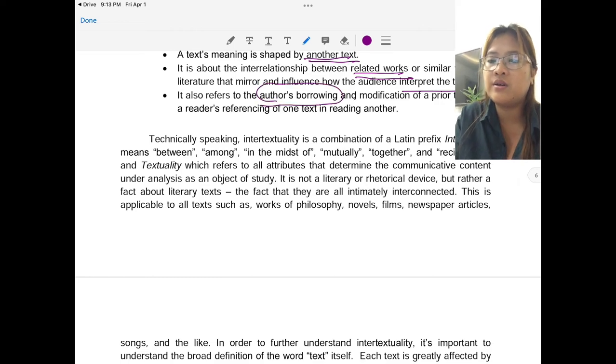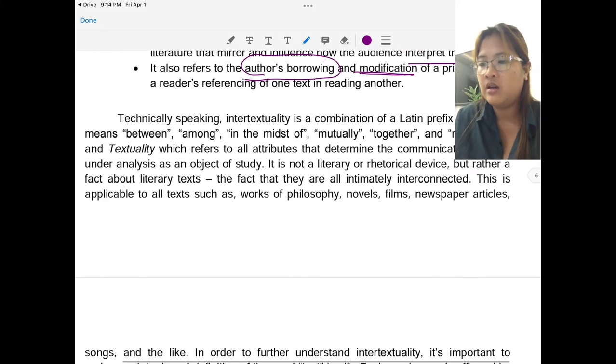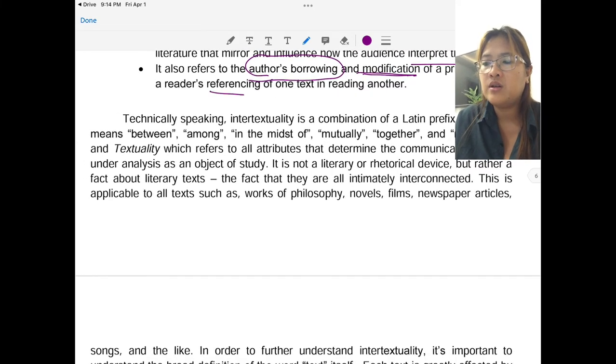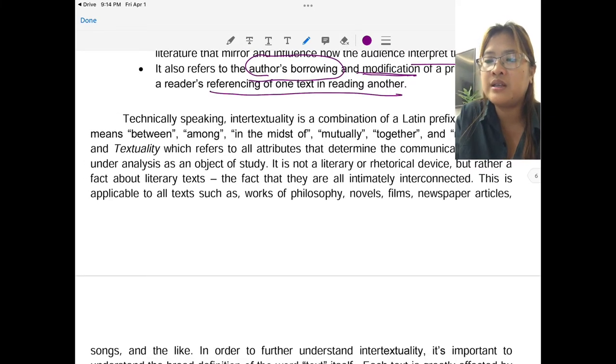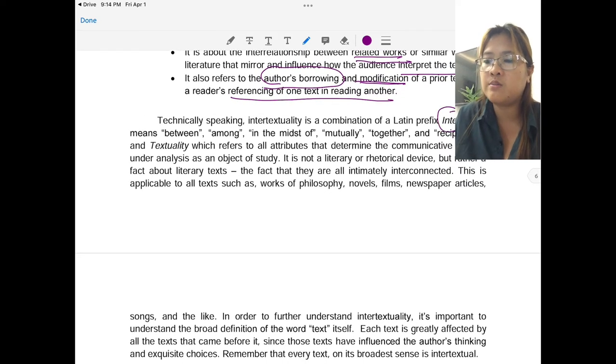It also refers to the author's borrowing and modification of prior text, or to a reader's referencing of one text in reading another. So technically speaking, the word inter is a Latin prefix. It means between, among, in the midst of, mutually, together, and reciprocally.